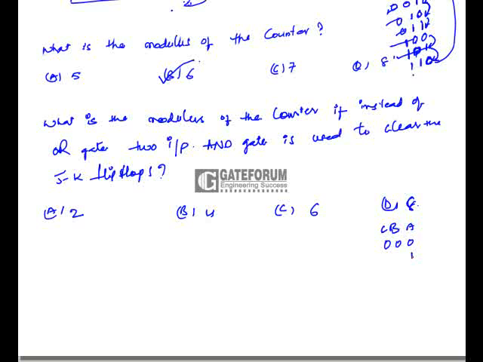Now this will become 1, and as it is negative edge triggered, it will not change. This would be 0 and this would be 0. The second flip-flop will change its state, so this will become 1, and it will not change, so this would be the same.